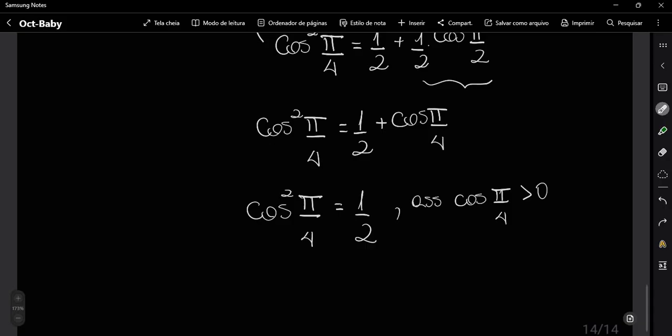and cosine of pi over 4 is equal to the square root of 2 over 2. Let me do a quick research right here.